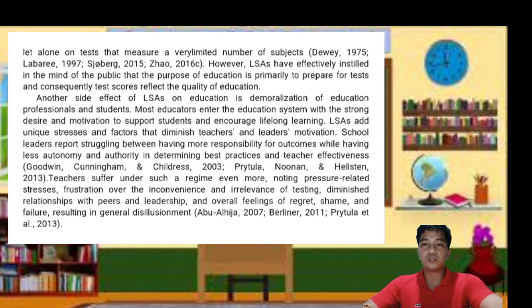Most educators enter the education system with a strong desire and motivation to support students and encourage lifelong learning. LSA add unique stress and factors that diminish teachers' and leaders' motivation.